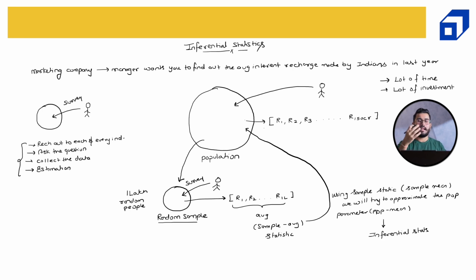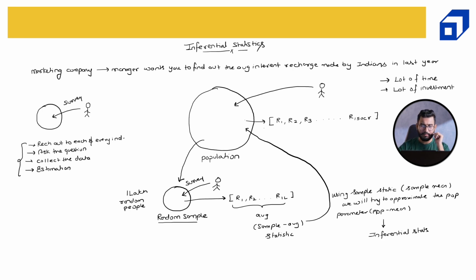So I cannot tell my manager that the sample mean was, let's say, 280 rupees, because I have just analyzed one sample. I have just surveyed one sample. So I have to tell my manager with a range: okay, sir, I don't know the exact value, but I'm 90% confident, or I'm 95% confident that my population mean lies somewhere between these two values.